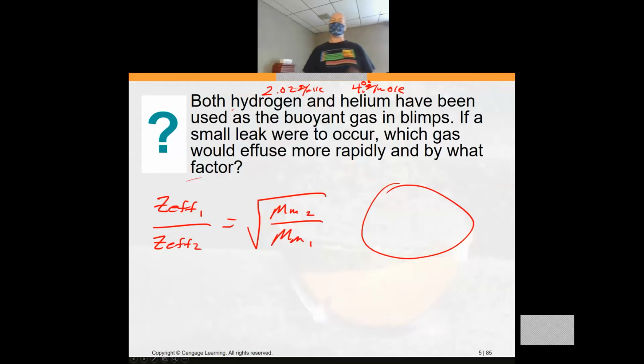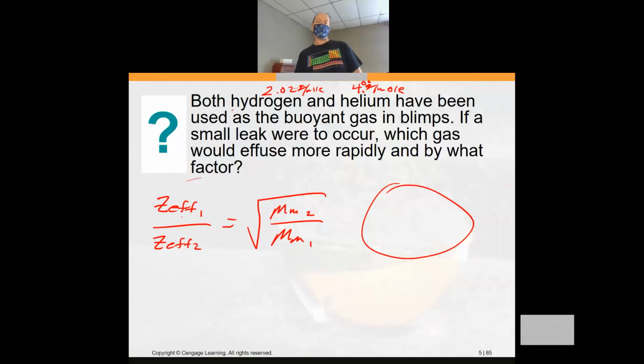It doesn't matter which one you put on top, but it does matter how you say it. You need to know that the smaller molar mass is going to have a faster effusion rate. Smaller molar mass is going to be faster through the small hole. And you want to know what factor that is going to be.